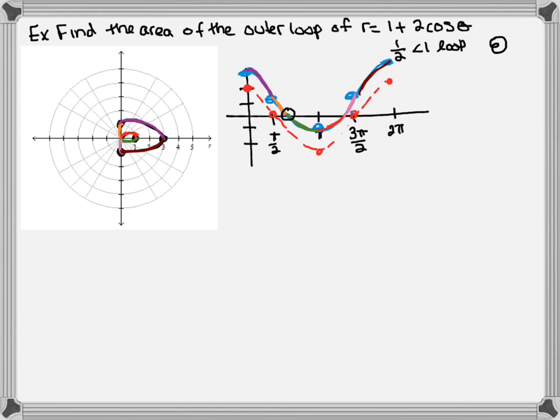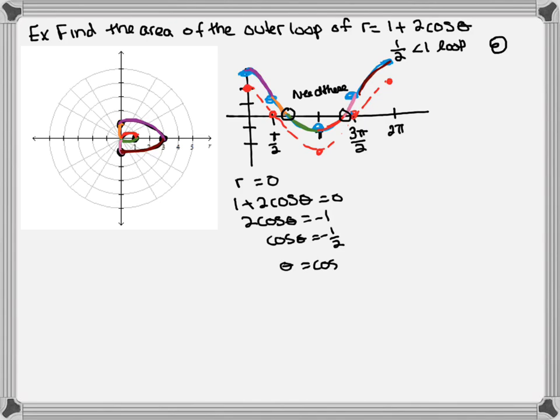So in order to find that, I'm going to go ahead and find the zeros. So I want when r is equal to 0, so I'm going to set r equal to 0. Okay, so I want to find when cosine inverse is -1/2. If I look at the unit circle, cosine is negative in 2 quadrants. We are going to be in quadrant 2 and in quadrant 3.